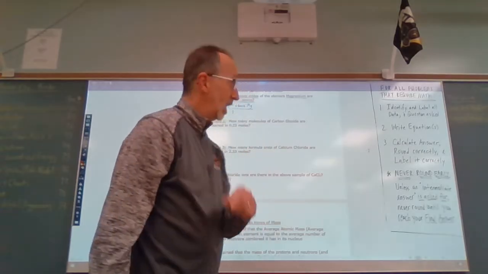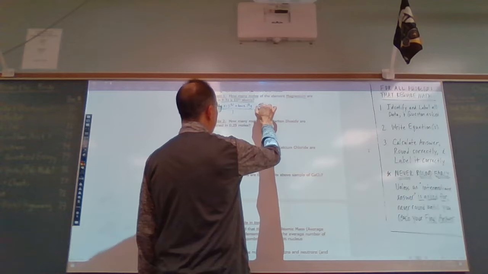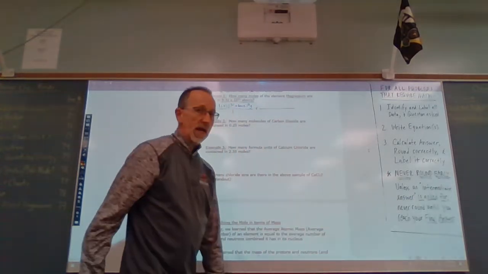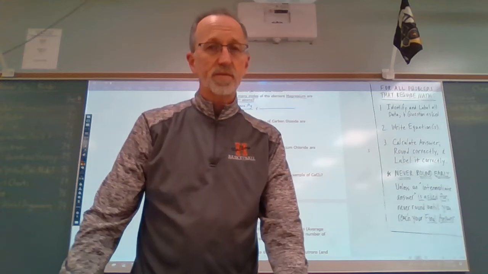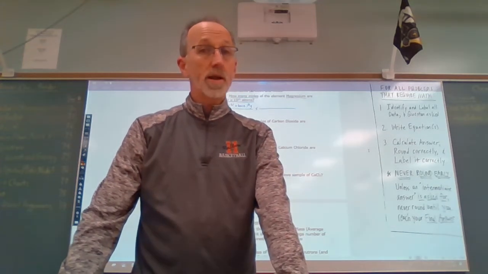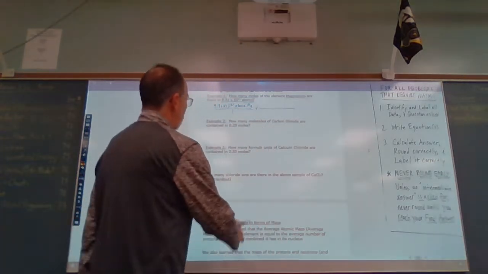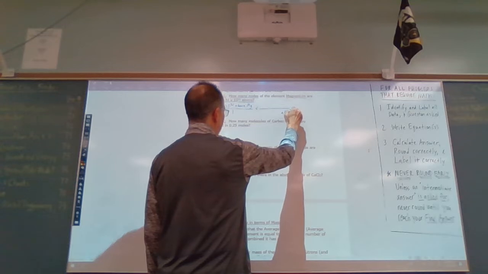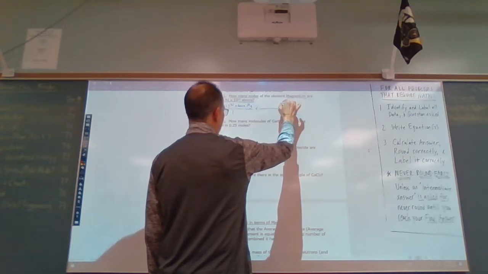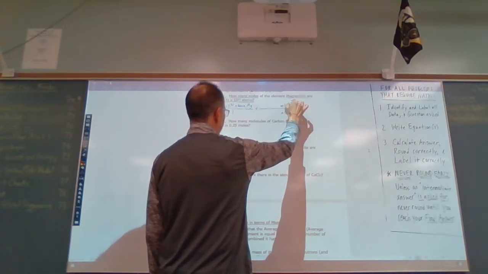Now we're going to convert this to moles. And the conversion then is the fact that there are Avogadro's number of atoms in 1 mole. So we have atoms up here, so we're going to have atoms of magnesium down here and moles of magnesium up top.